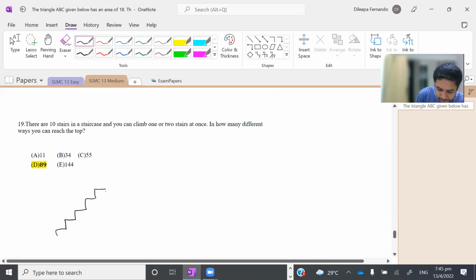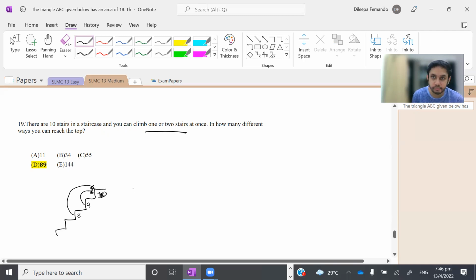So let's say this is the 10th step. So we have to find a recursive formula for this. Since you know that it's just one or two stairs, to come up to the 10th stair, you can come from the 9th stair, or you can come from the 8th one.